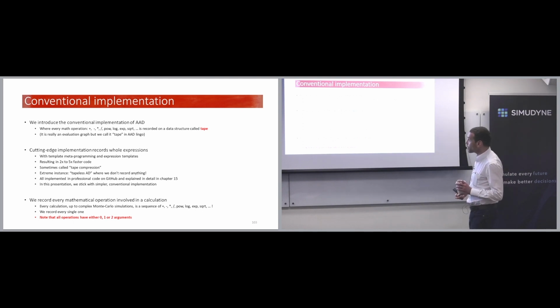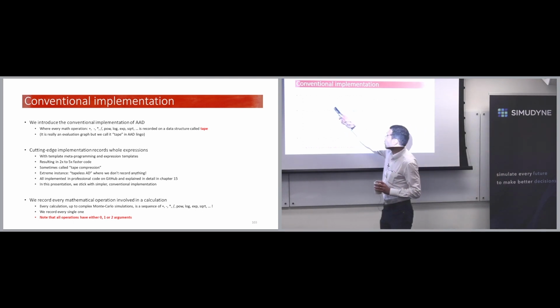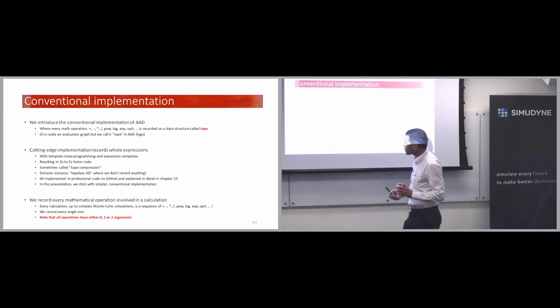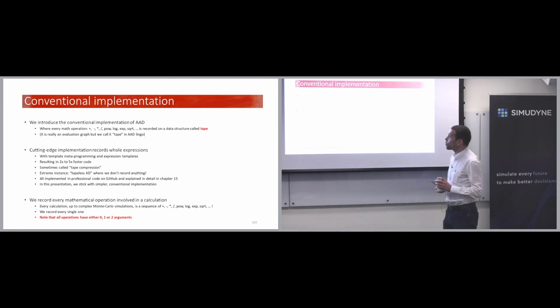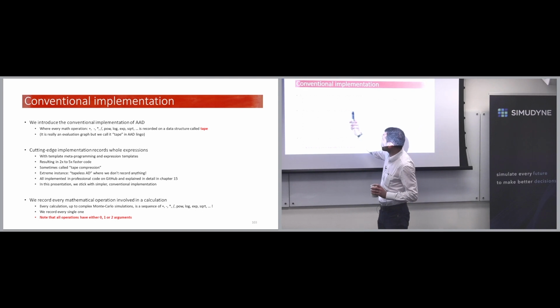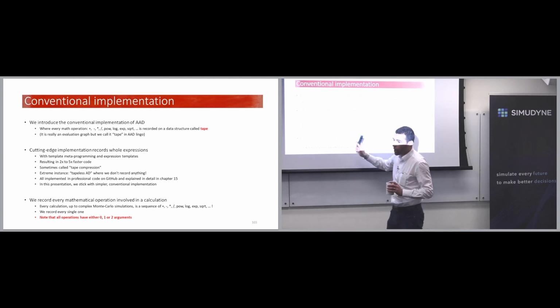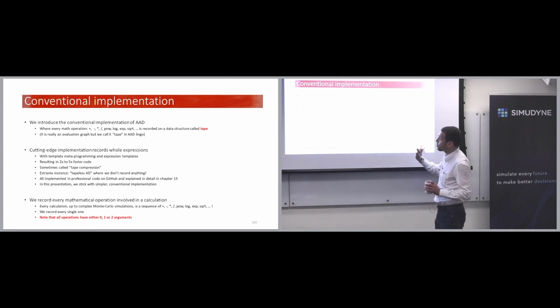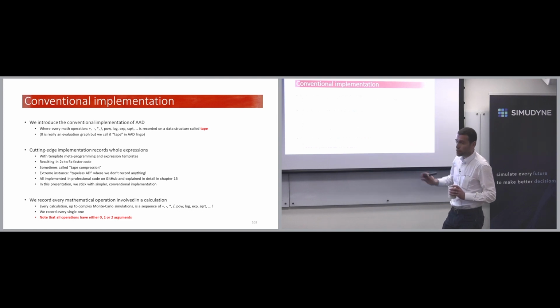We call this the conventional implementation because we also know since recently how to do a cutting-edge implementation, a much faster one. This is one that doesn't record individual operations, but records full expressions. That's actually outside of the scope of this presentation because that does require some ninja level C++.